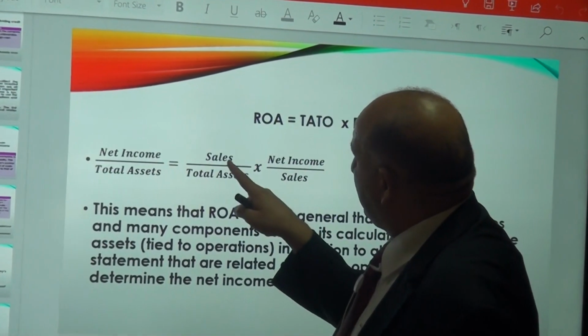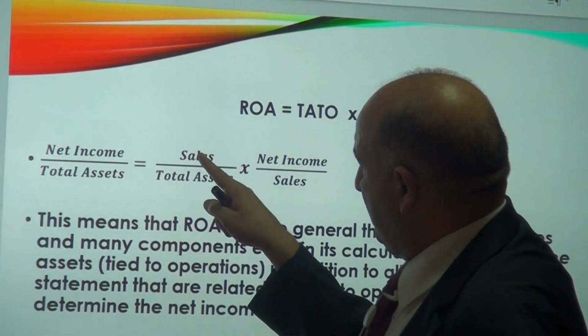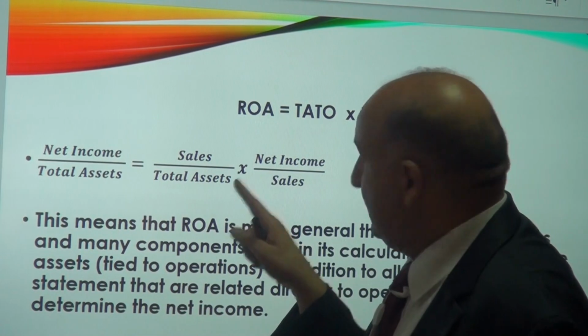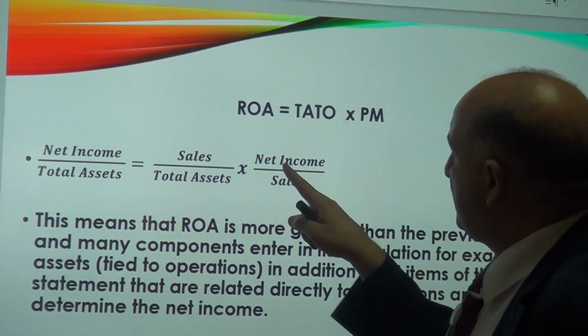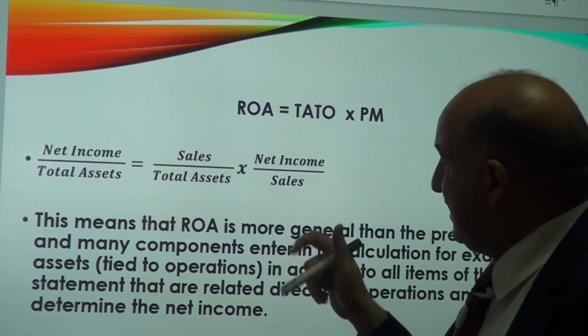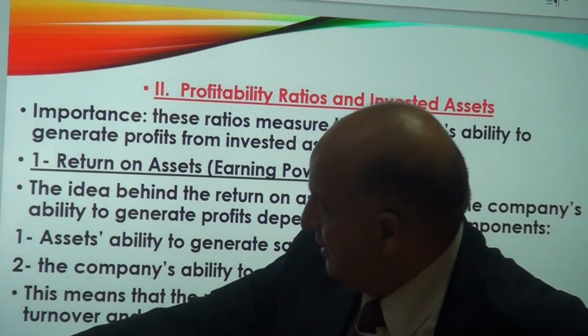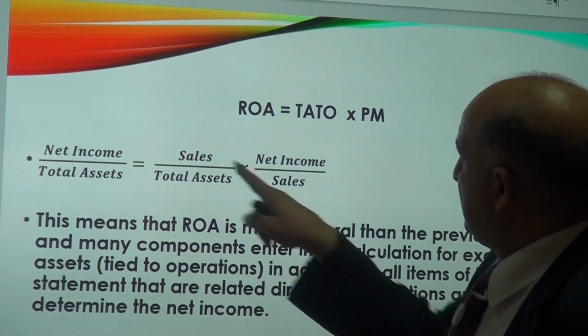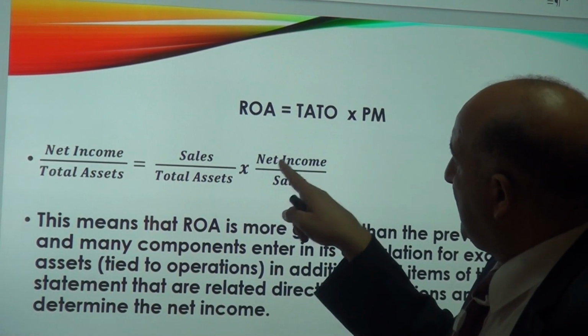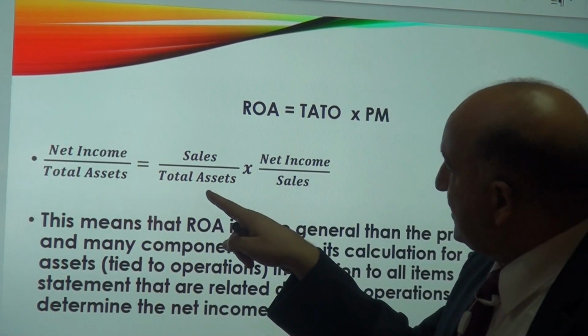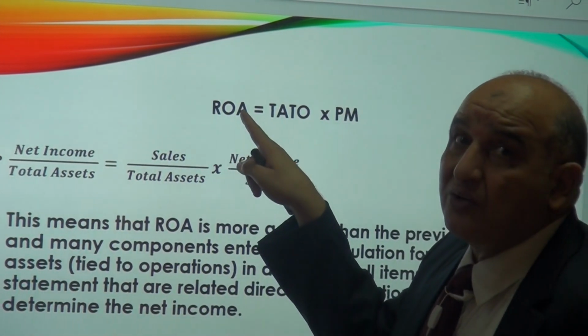Total asset turnover is sales or revenue divided by total assets, multiplied by profit margin, which is net income divided by sales. If we cancel the sales, sales with sales, it will be net income divided by mean total assets, which is ROA.